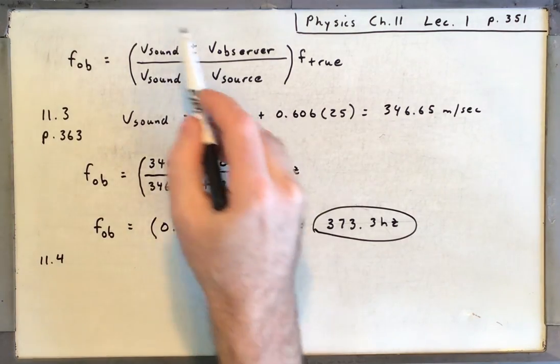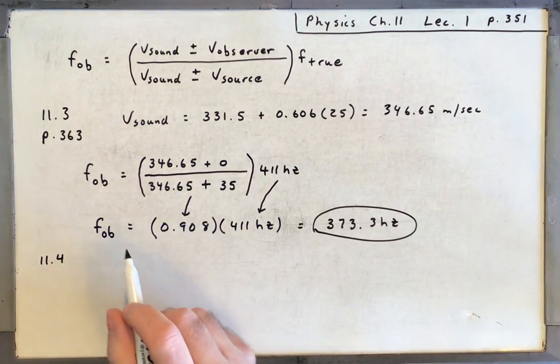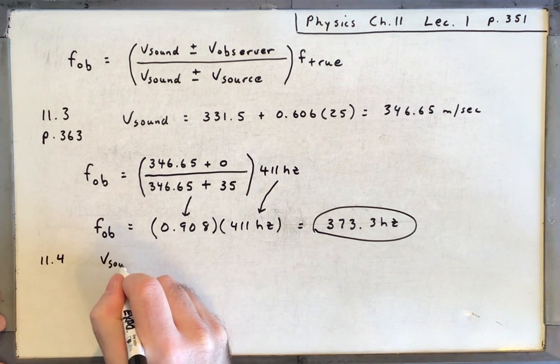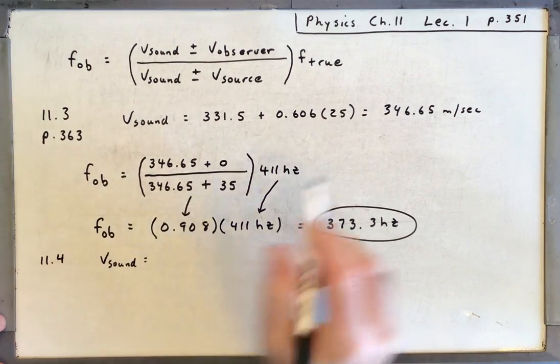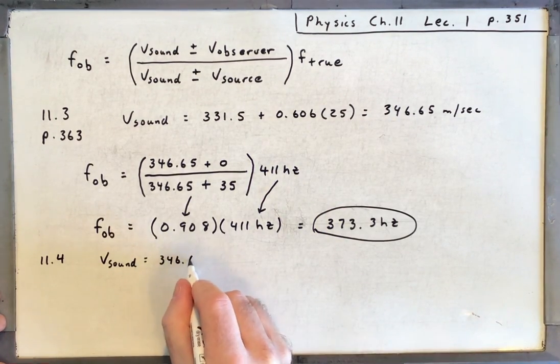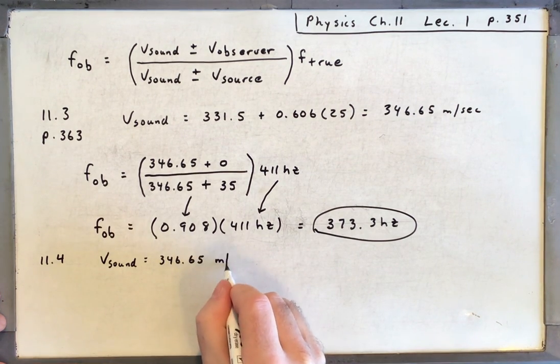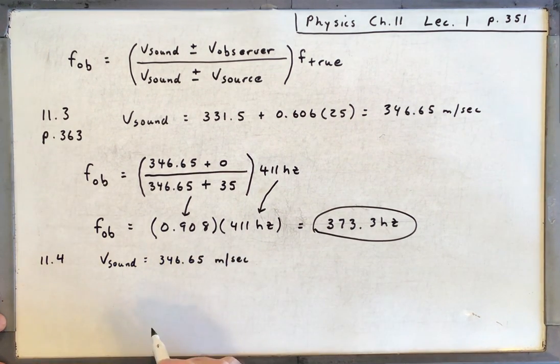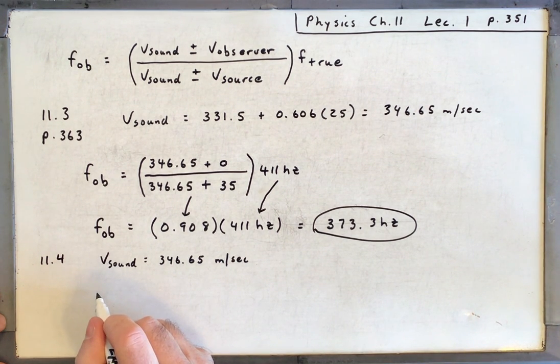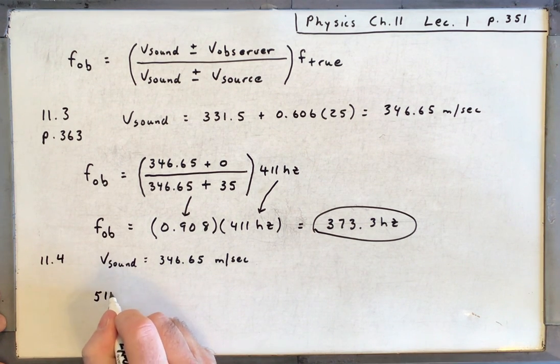All right, so we're working with this. Now, that's again at 25 degrees C. So we know that the velocity of sound, because we figured this out in the previous problem, is 346.65. Okay, so she observes the frequency at 511.